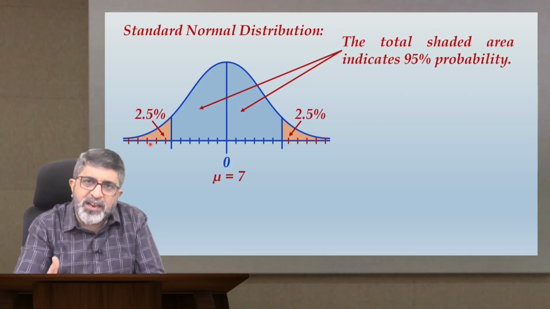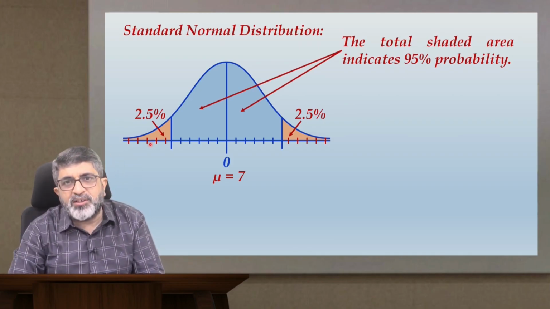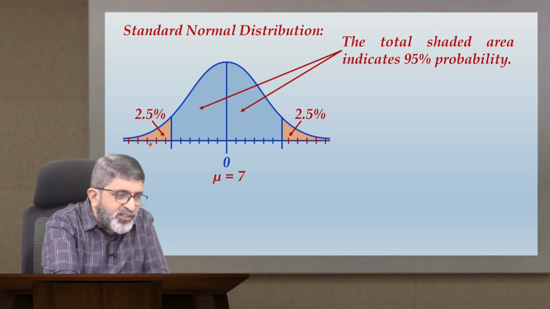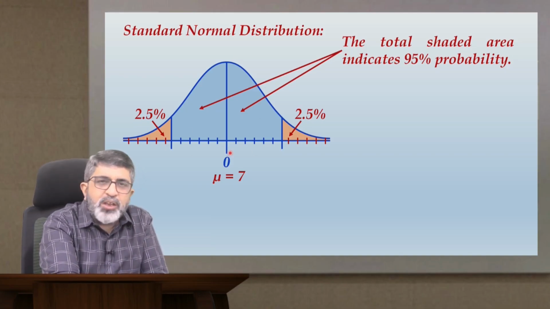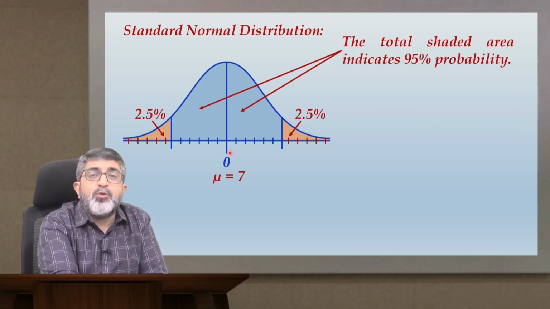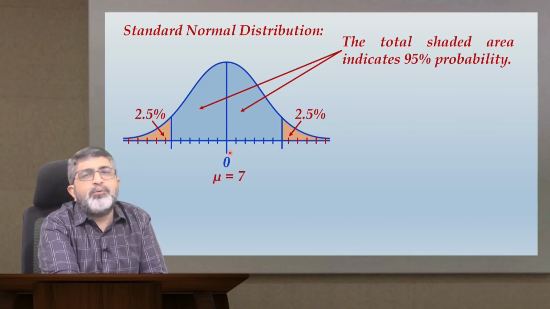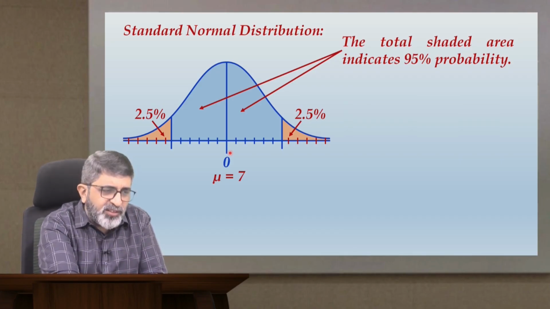We have enough evidence and we will reject the null hypothesis in favor of the alternate hypothesis. But if the test statistic result falls into this blue category, you will not be able to reject the null hypothesis, meaning you will fail to reject the null hypothesis. You will have to accept the null hypothesis.